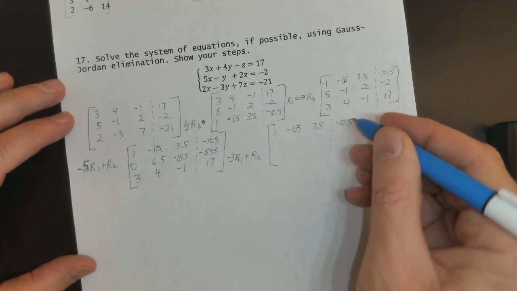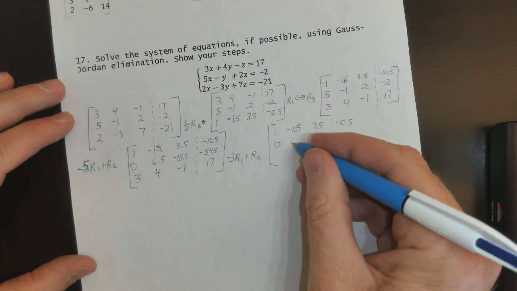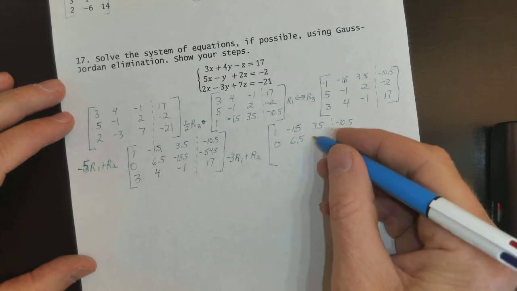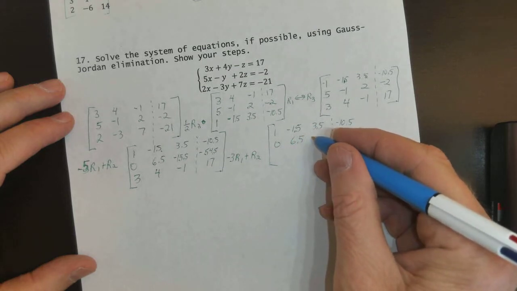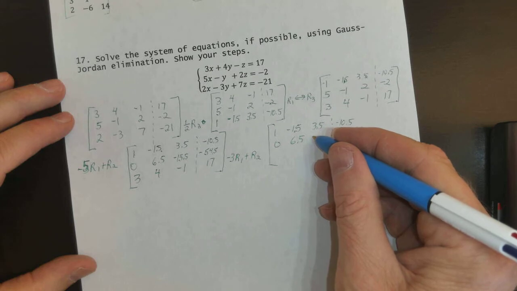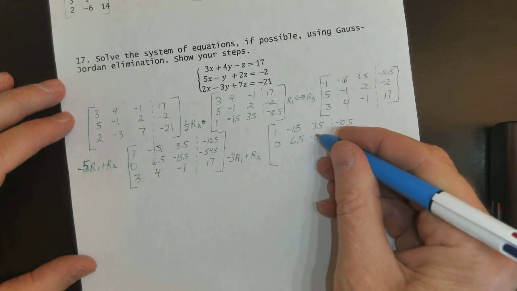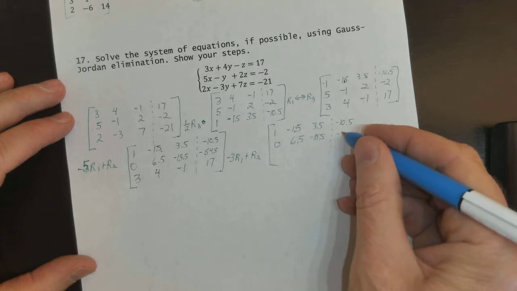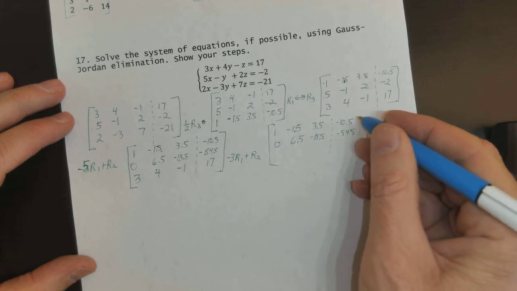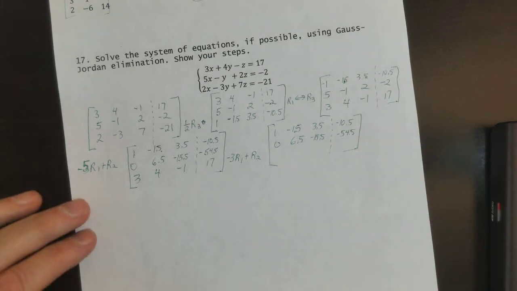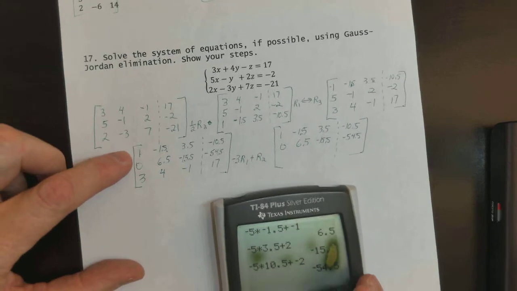If they're just 0.5s, this won't be too bad. Famous last words, right? Negative 54.5. Okay, let's do this calculation. That's 0.